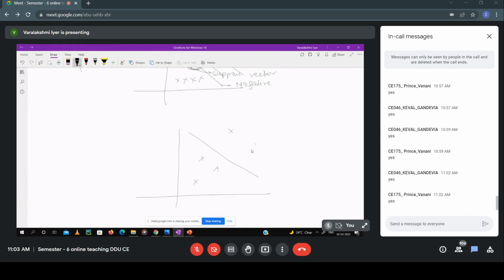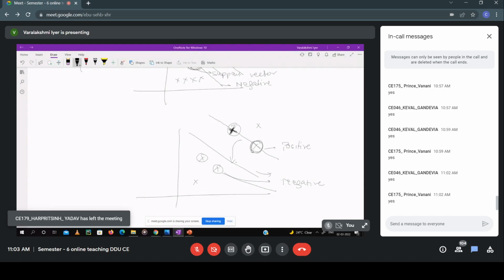Suppose these are the negative samples, these are the positive samples, and the points that are nearest to the hyperplane on either side are known as support vectors. In this case, these two will be the support vectors nearest to the hyperplane that is separating your data. These are the support vectors on the negative side of the hyperplane, and these are the support vectors on the positive side. Are you getting the point? What are known as support vectors? Yes or no?